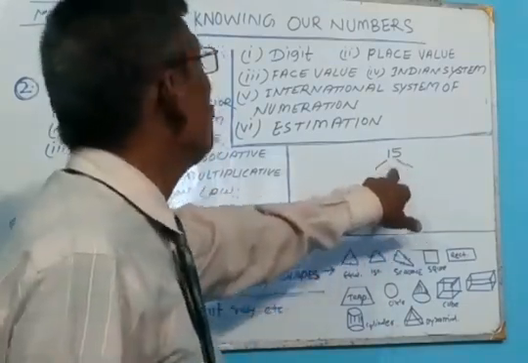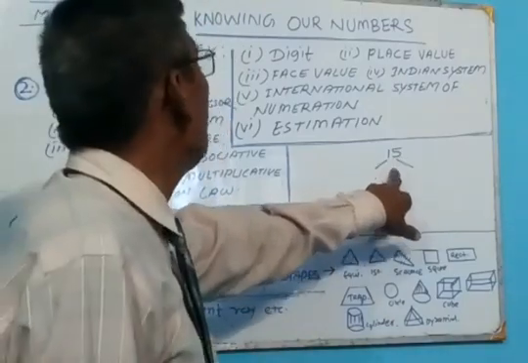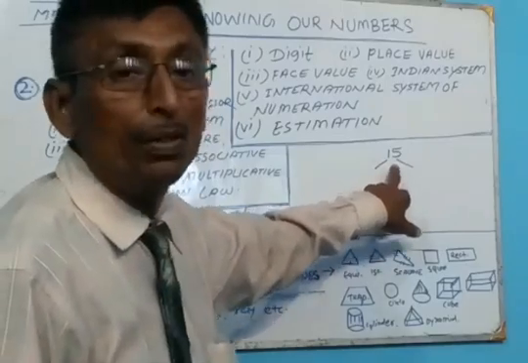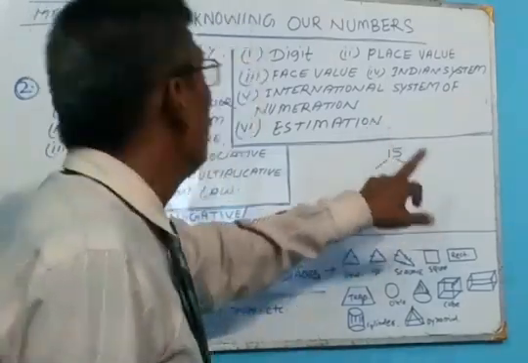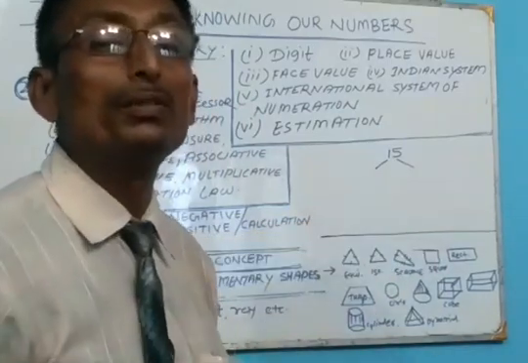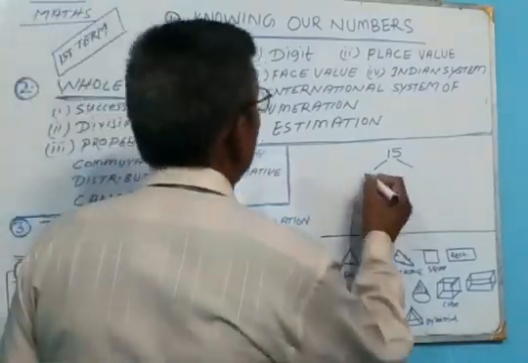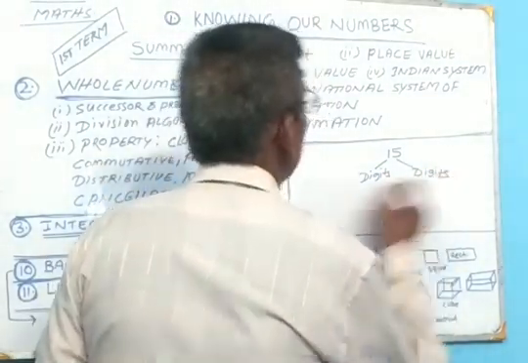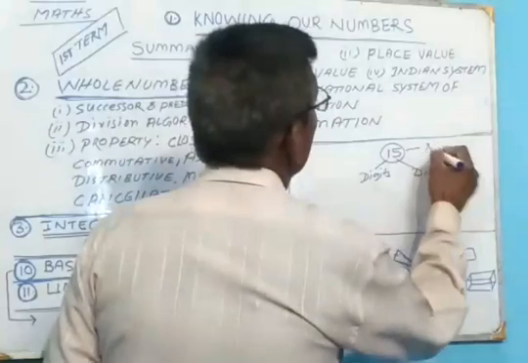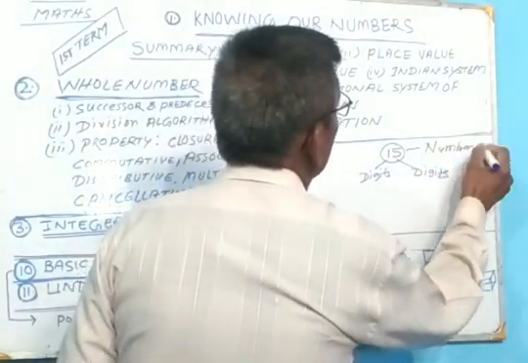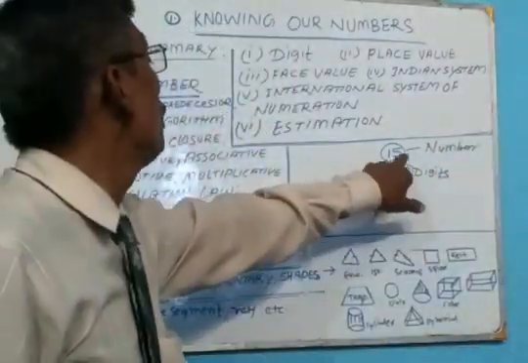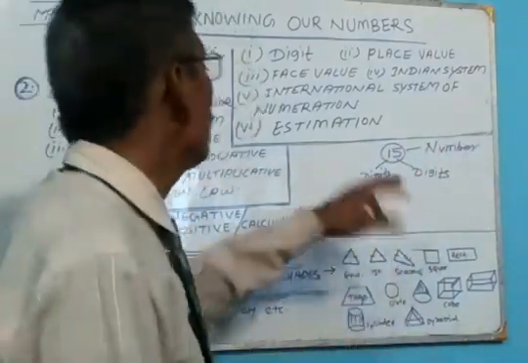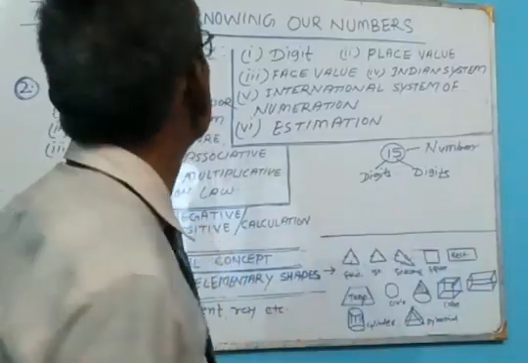So when digits 1 and 5 combine systematically, then it forms the number 15. So 15 is the number, but 1 and 5 are digits. It is the digits, but the whole is the number. So it is the main difference between digit and number.